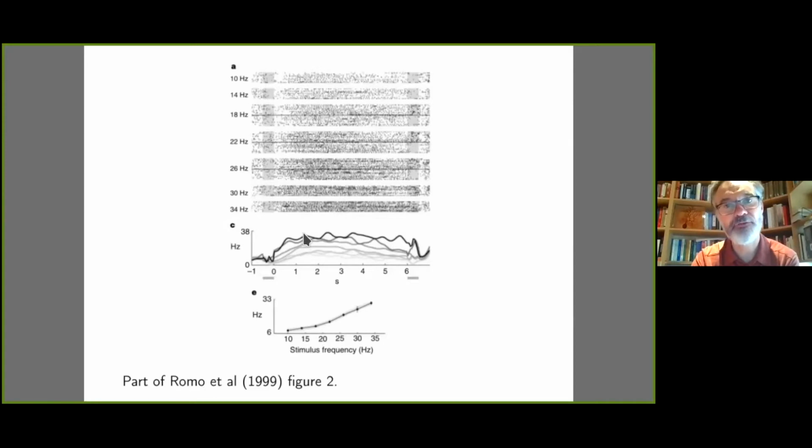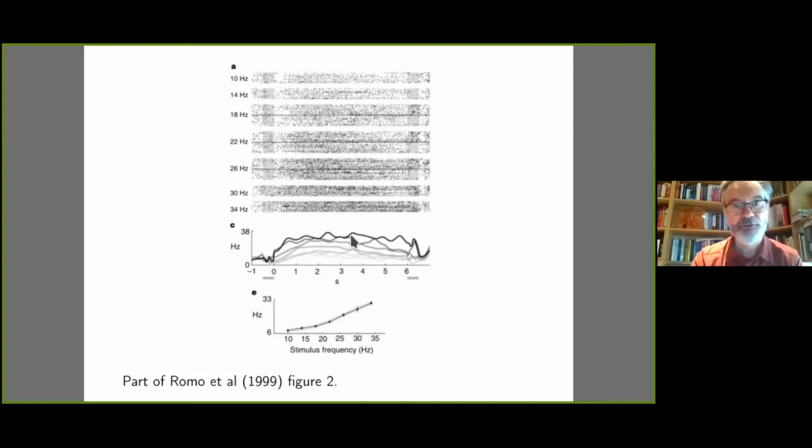And what you see is that the faster the vibration rate during the cue, the higher the rate of a sustained activity. So it's a bit like if the neuron was not only representing the fact that something has to be remembered, but it remembers the quantity of this thing. So the faster the vibration, the higher the rate of the discharge. So that's called parametric working memory.